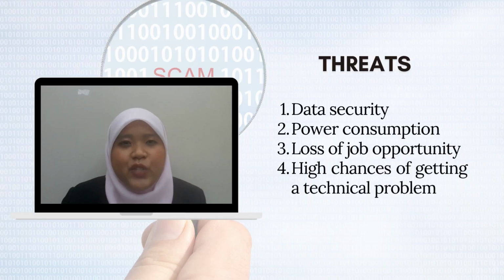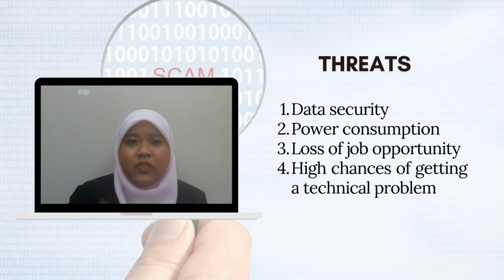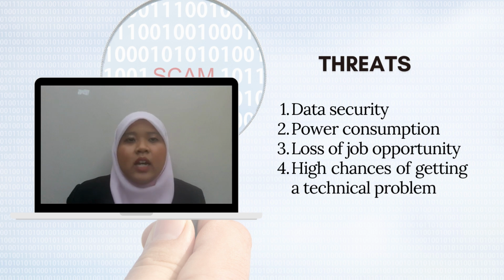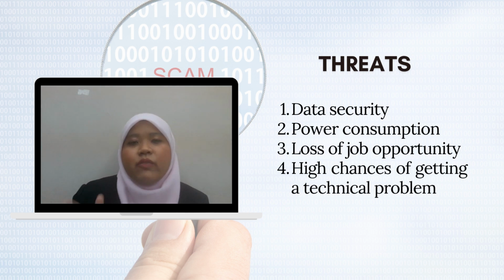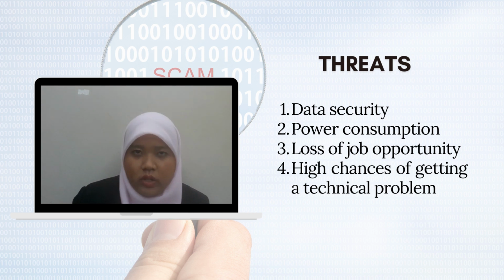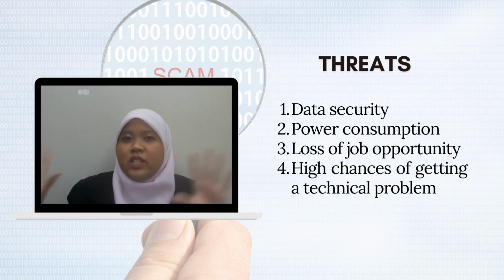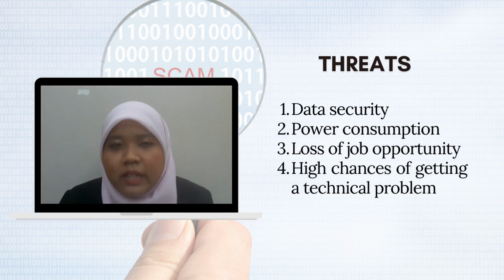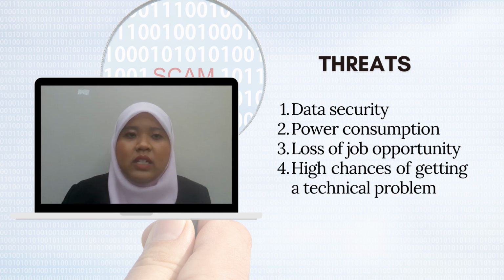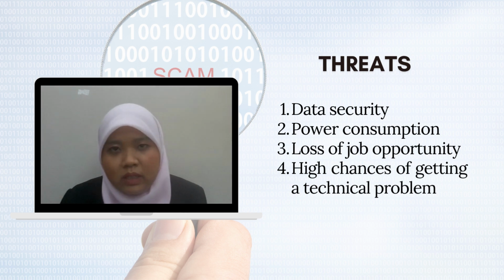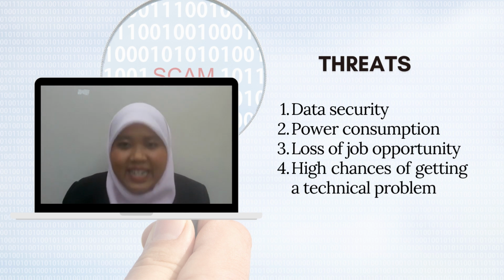Last but not least, for the SWOT analysis, which is threats. So what are the threats? Firstly, the threat for digital menus is data security. Yes, this is nowadays a very famous issue, especially regarding scams and all those kinds of things. Since a QR code is programmable, it can be associated with anything.